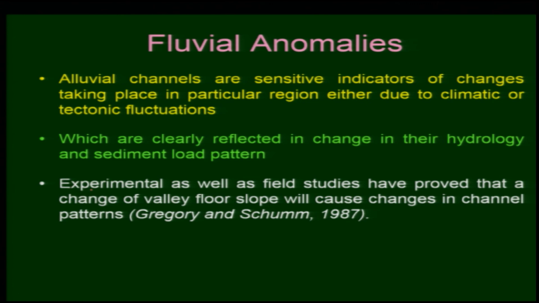Experimental as well as field studies have proved that a change of the valley floor slope will cause changes in channel patterns. As soon as you change the channel slope, you are going to change the channel pattern.